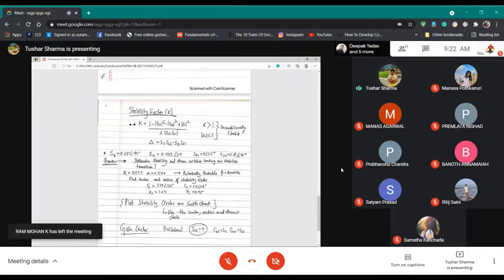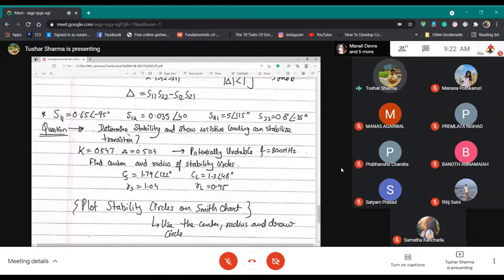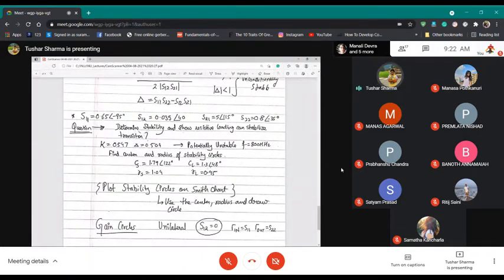So we were discussing this problem last time, where you are given S parameters S11, S12, S21, S22, and we have to determine the stability and show the stability circles. When we calculated, my K was less than 1 and delta was less than 1, so my device here is potentially unstable.